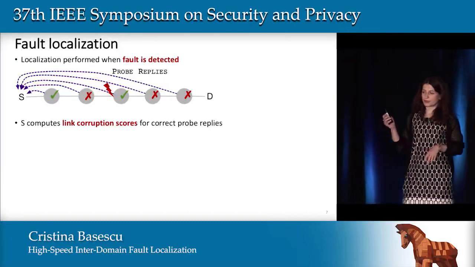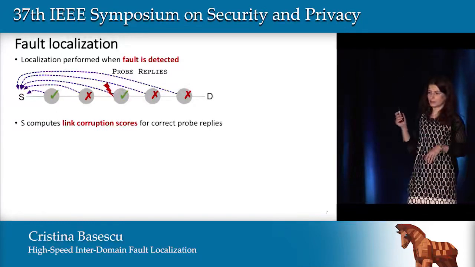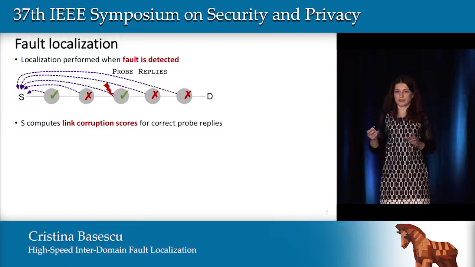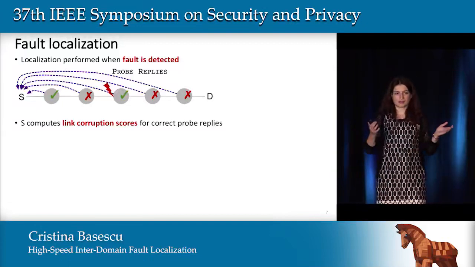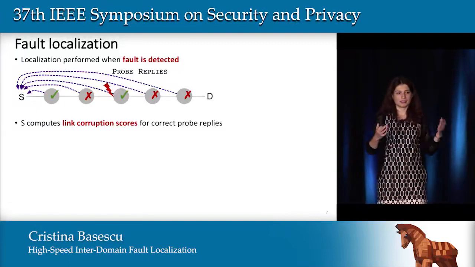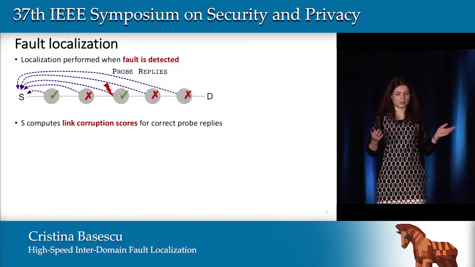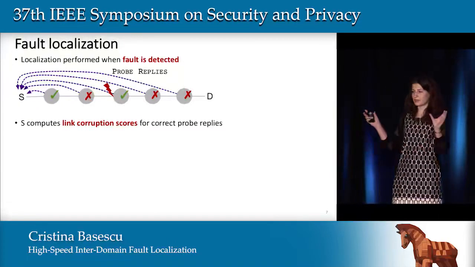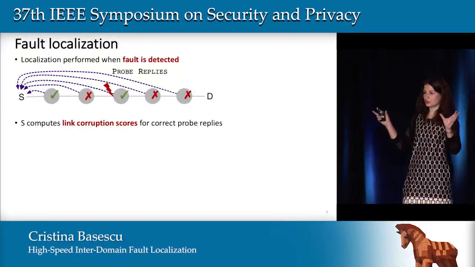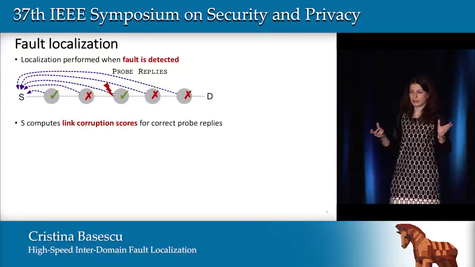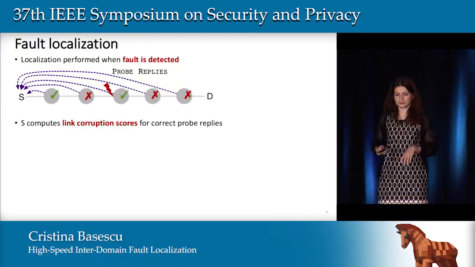In the case of correct probe replies, the source computes link corruption scores. Such a score just gives us an idea of how many times a link appears to have misbehaved. And so a big gap between two neighboring links shows that there might be a problem there.